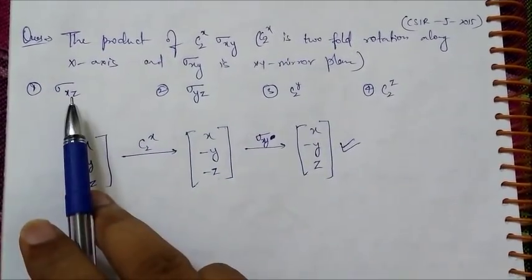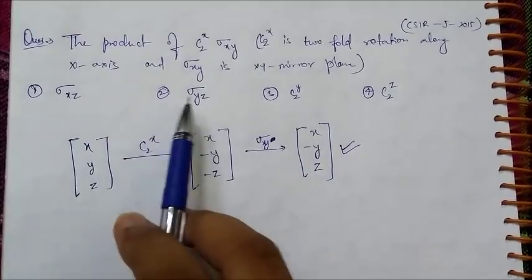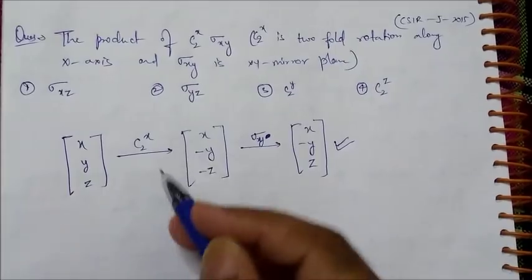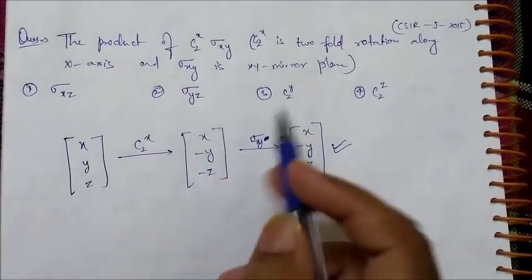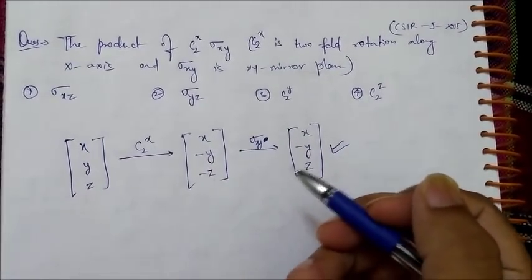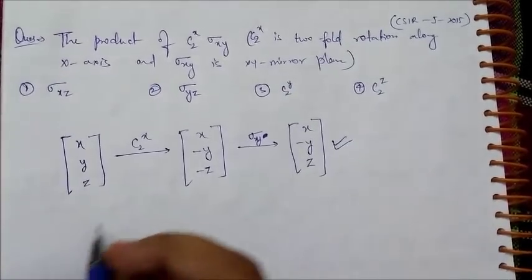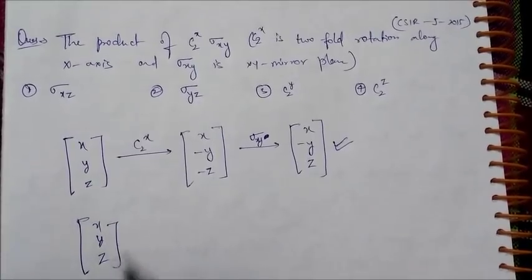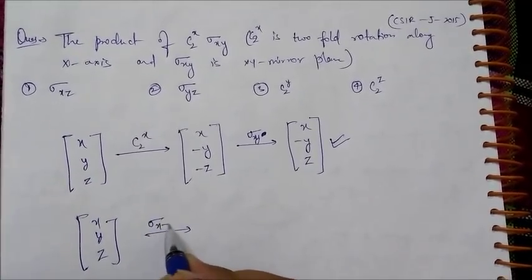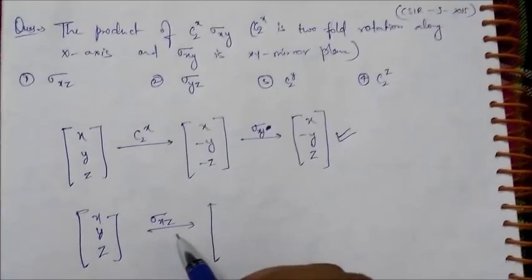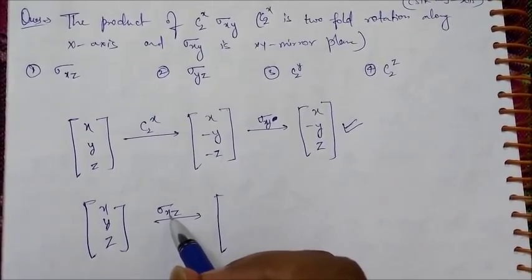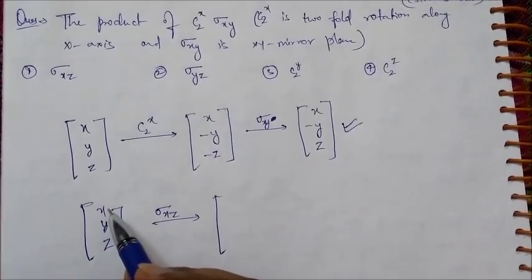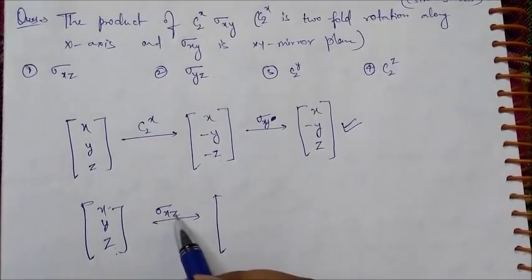Now you have to write the matrix representation of all these four options, and check which one will match with this. Okay, so first we will check sigma xz. So x, y and z is there. If I apply sigma xz, then in the case of any mirror plane, you don't have to change the sign of the axes of the plane.